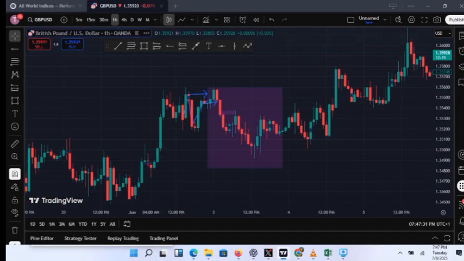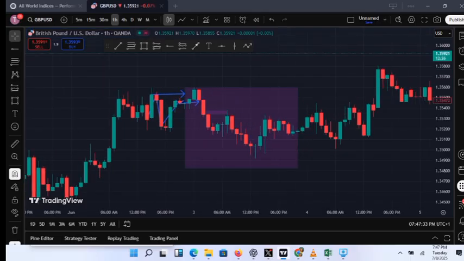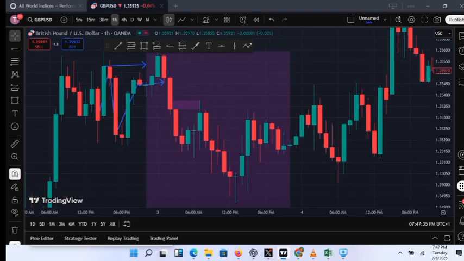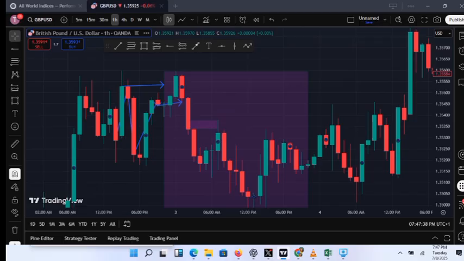But the major thing you should get is that it breaks the previous day low or high. When it's going bullish, when it's going up, and the day ends, and the next day it breaks the previous day low, that's the lower high, right?